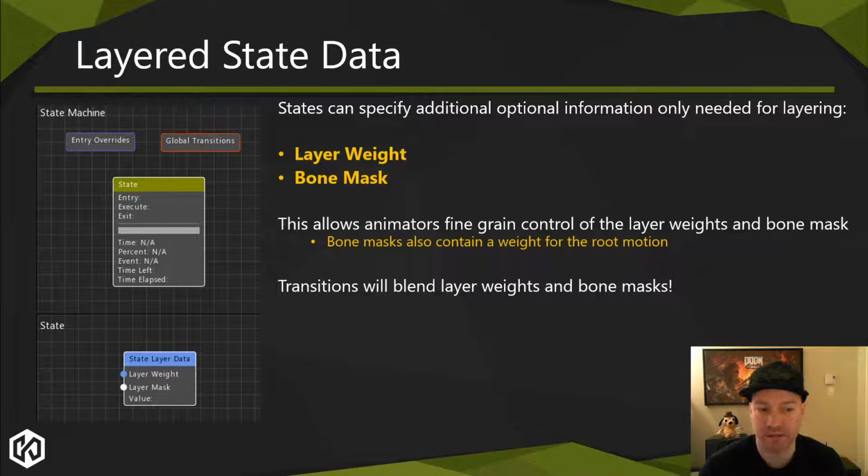When that state machine is used within the context of a layer, that data is read and used. When it's not in a layered situation, it's just ignored. What this allows you to do is specify the layer weight and the bone mask on a per state level.